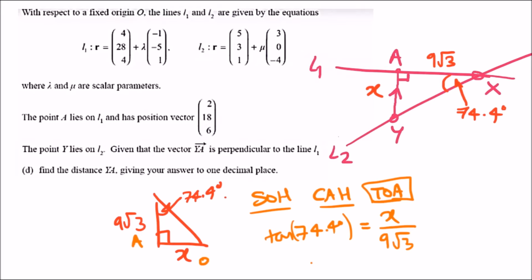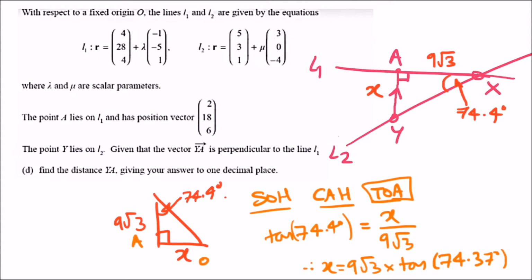Therefore, to find x, you just multiply by 9 root 3. So it'd be 9 root 3 times tan of the original angle, 74.37 degrees. And that's it, guys. You've worked out your length. Let's see what we get. Make sure your calculator is in degrees mode.